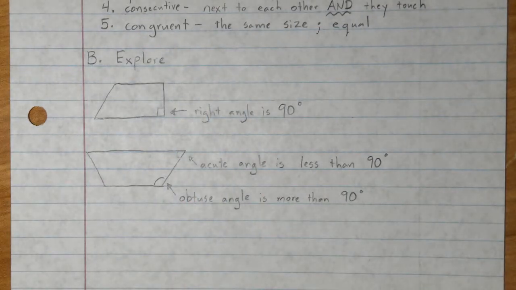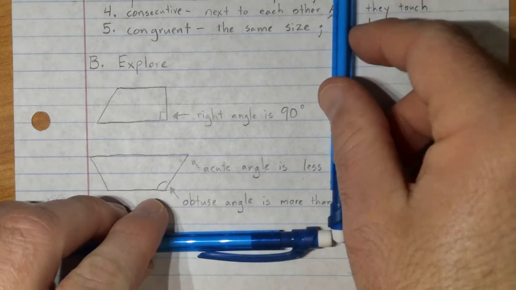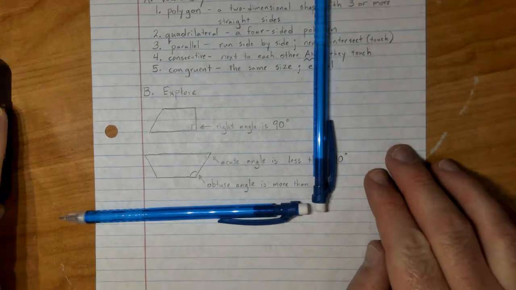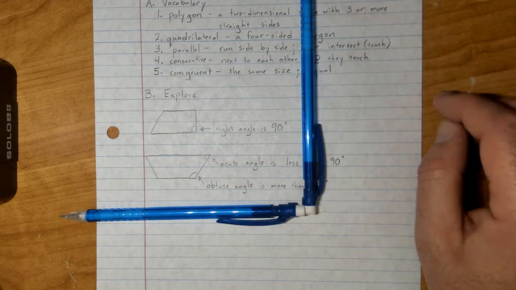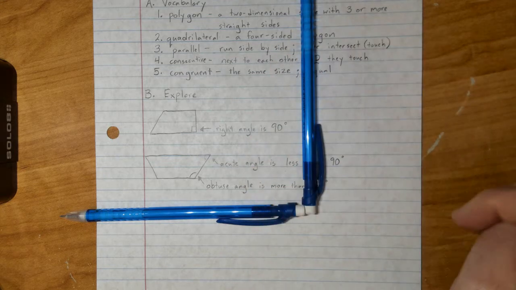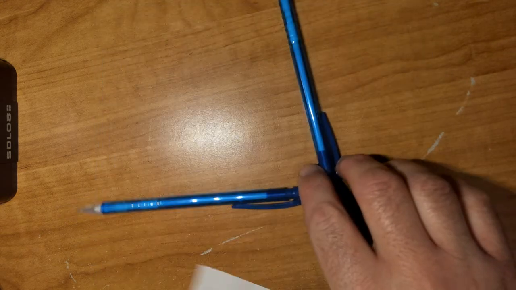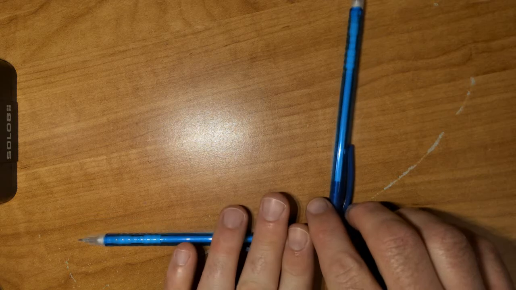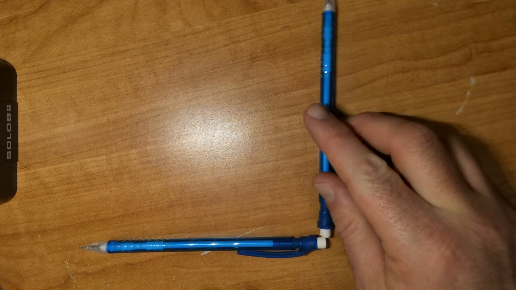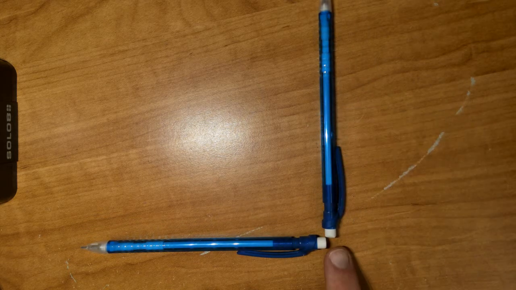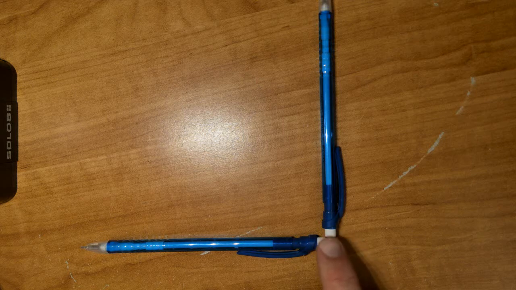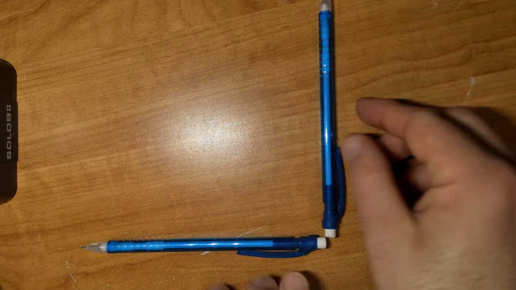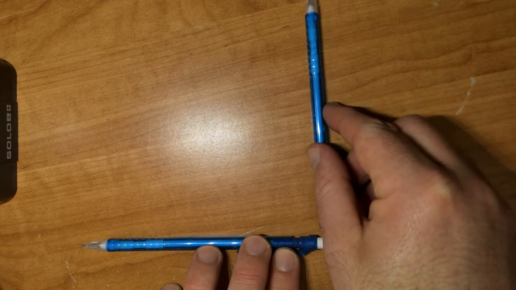Imagine if instead of using lines on the paper, I was using pencils. Okay, this is a right angle. Can you see where the box would go right there? In fact, let's just take the paper away for a moment. Okay, here's a right angle. Now, if we imagine this as a pivot point, where it's going to be turning around right here, hands on a clock maybe, we can go ahead.